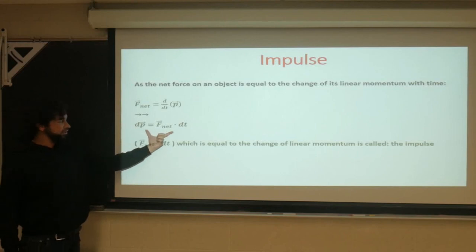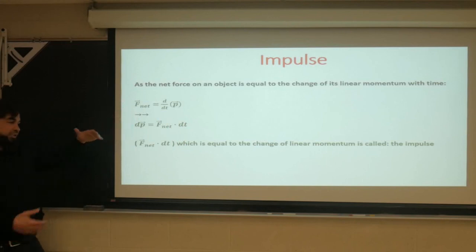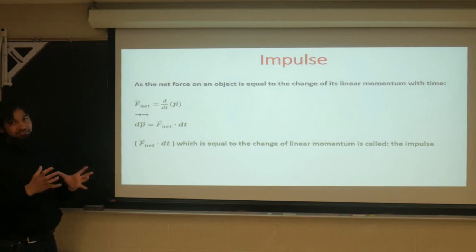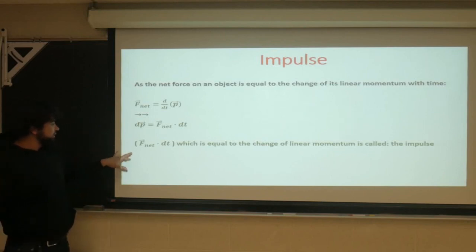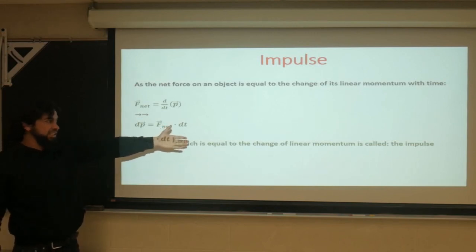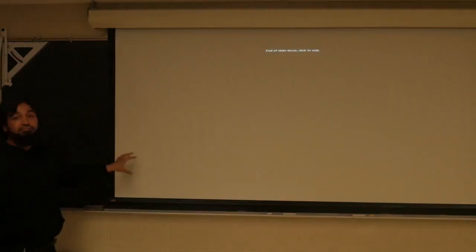This is called the impulse. So the impulse is the external force on the system times delta t, or the change of the momentum. If you know the momentum before and the momentum after, you subtract as vectors. This is equal to the impulse on the system. So F dt, which is equal to the change of the linear momentum, is equal to the impulse, which is the same as delta p. Thank you very much.